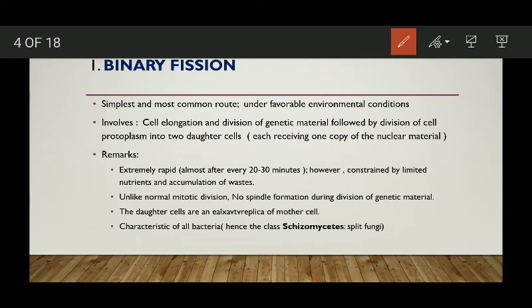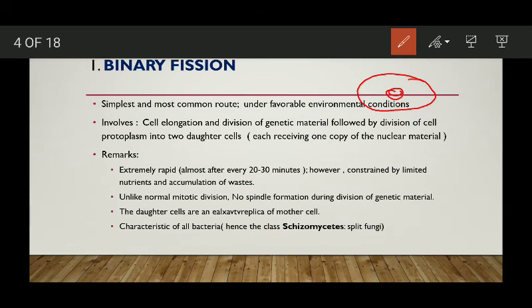In binary fission, first of all, cell elongation takes place, and then division of genetic material occurs, which is followed by division of the cell protoplasm into two daughter cells, and each daughter cell receives one copy of the nuclear material. Here you can see, say for example, this is a bacterial cell, it has this nucleoid.